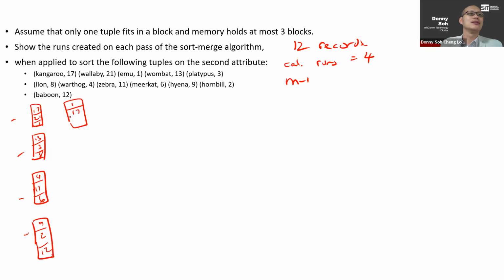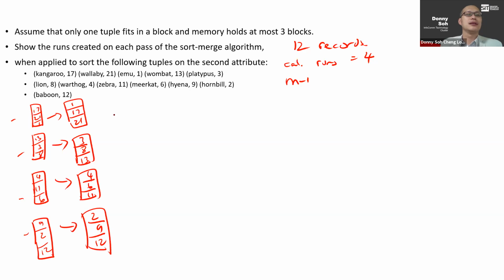1, 17, 21; 3, 8, 13; 4, 6, 11; 2, 9, 12. Okay, so that is my divide stage, and now I'm going to my conquer stage.